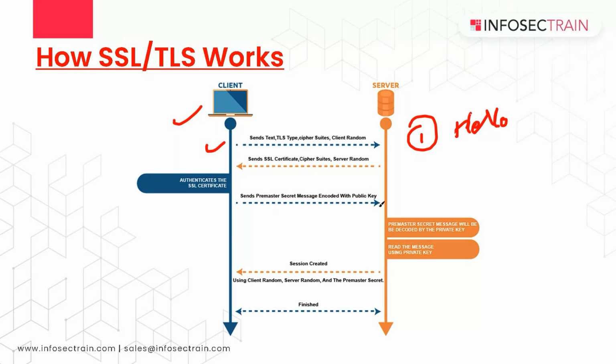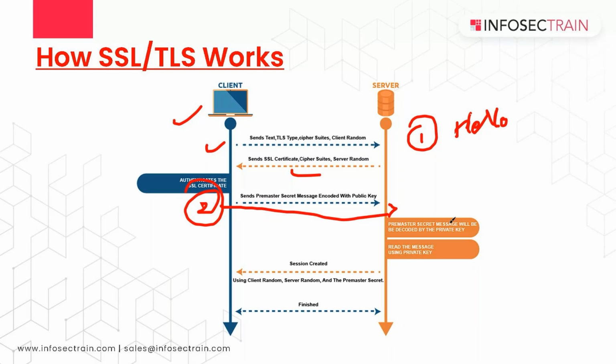Now our server will respond back with its certificate and the public key. Then the client is going to generate a random session key, encrypt it with the server's public key, and send it back to the server.